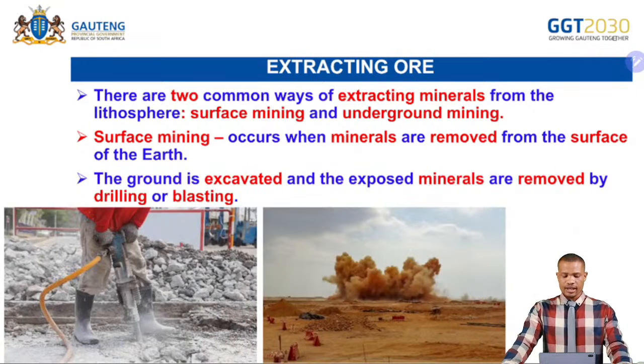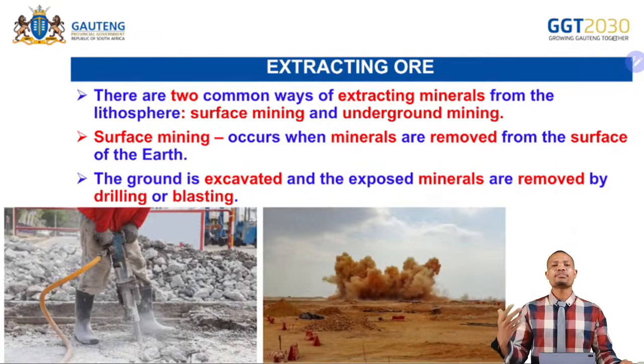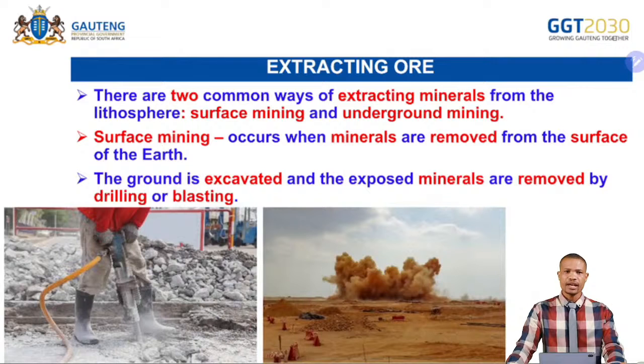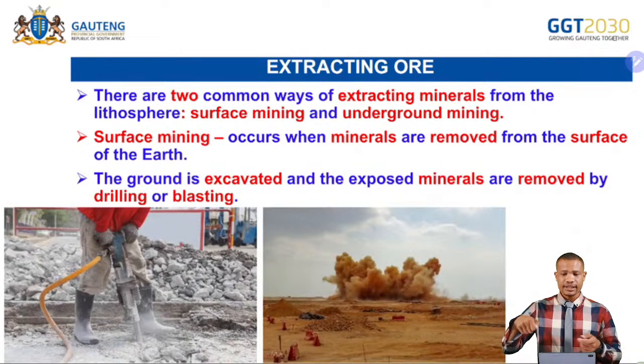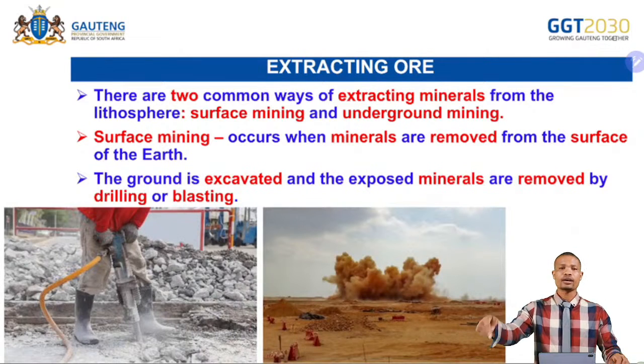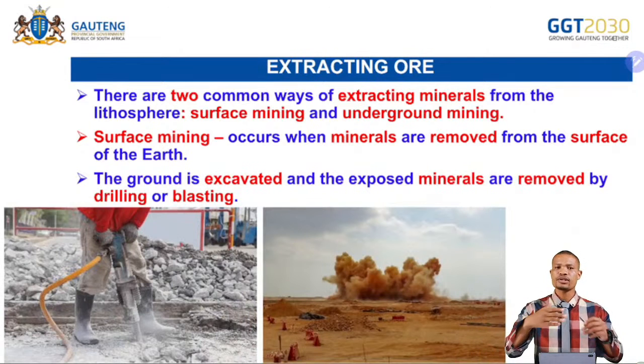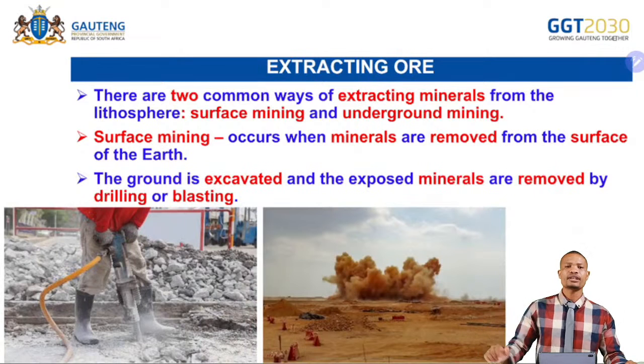Blasting uses explosives to break the rocks that we need, and then we extract what we want. Drilling is digging the surface to get what we want, but we don't go deep underground. We just drill holes to either break the rock or to remove the layers of the ground.